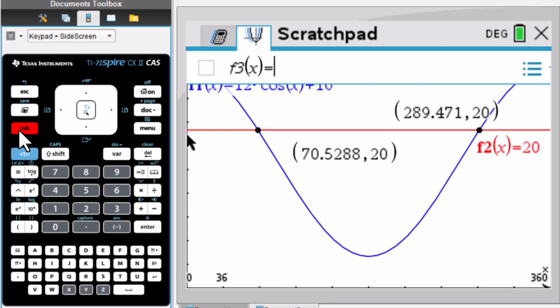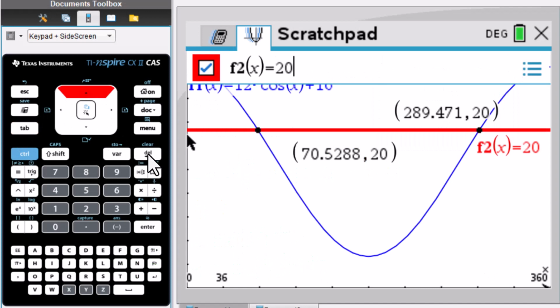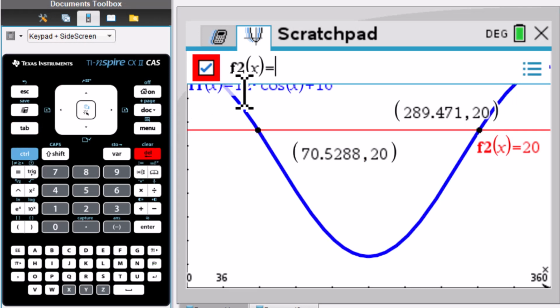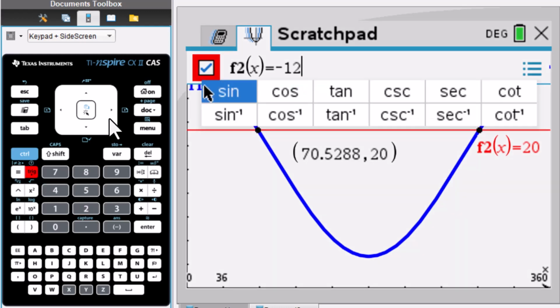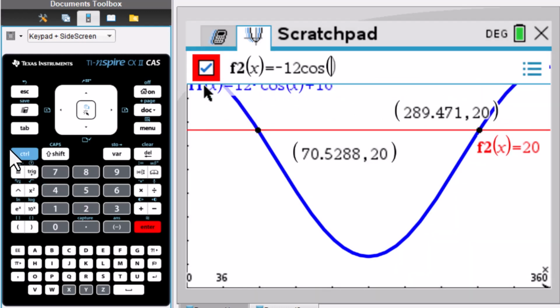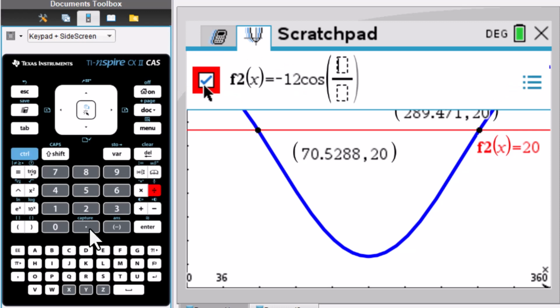Click on tab, upper arrow. We will put g of theta into F2 of x: negative 12 cosine, control divide, x divided by 12. Remember, you have to change all the variables into x when you graph the function, plus 16.